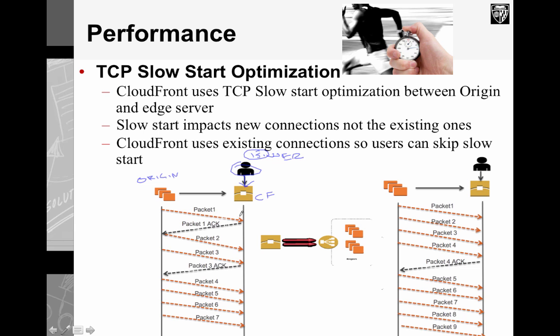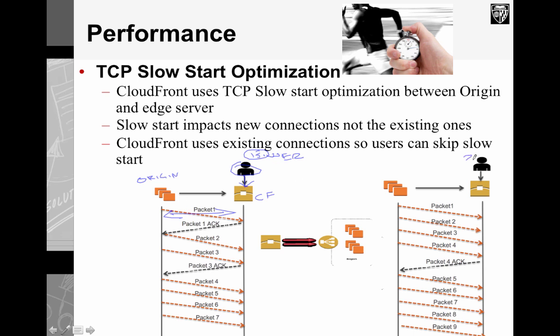So the Edge server is going to go through the three-way handshake in order to get the content and then serve back the end user. But by this time, the Origin and CloudFront have established a connection. And they've already gone through 1, 2, 4, 8, 16 packets being sent continuously in order to get the content back to the first user.